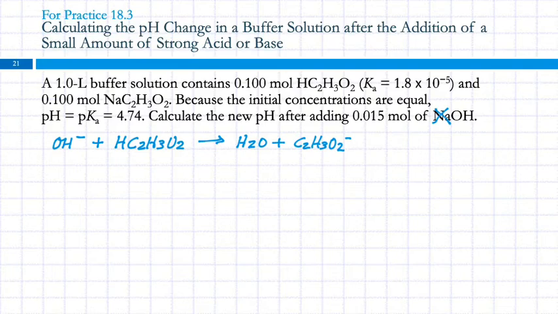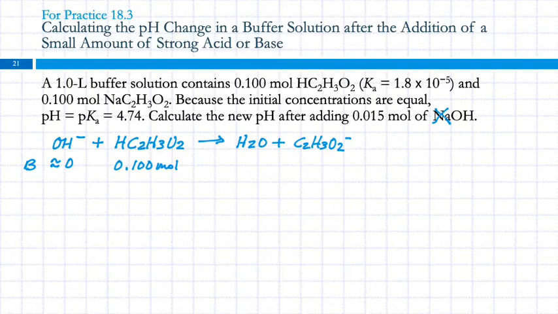So this is the BCA table. So before, we have 0 hydroxide. Yes? When we're doing the pH of a buffer, we do the BCA and then the ICE? Yes. Yep. You have to. Well, if you're adding something to a buffer, if you're just looking at a buffer, then you just do the ICE table.